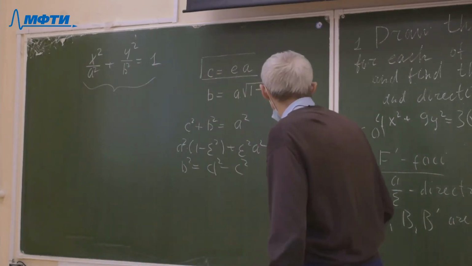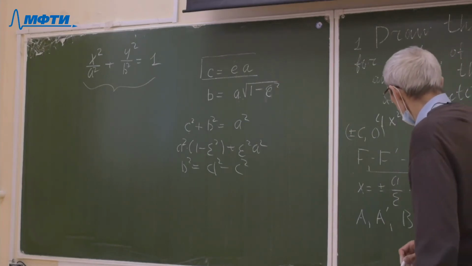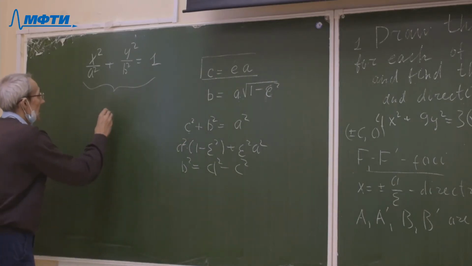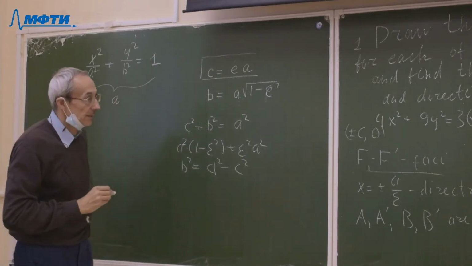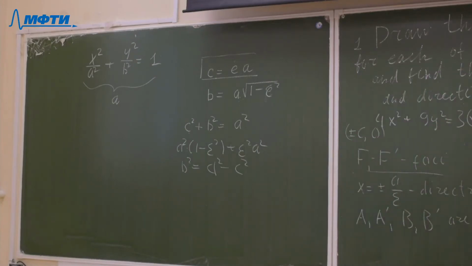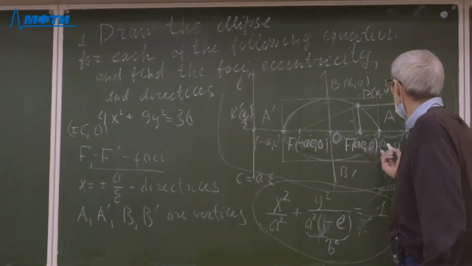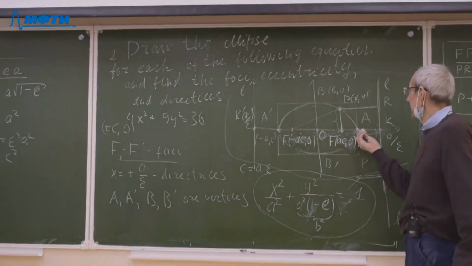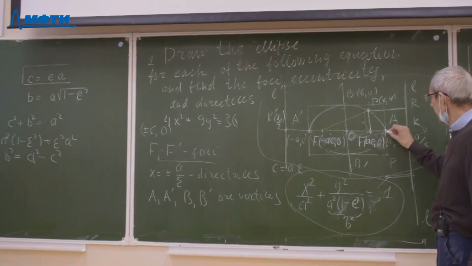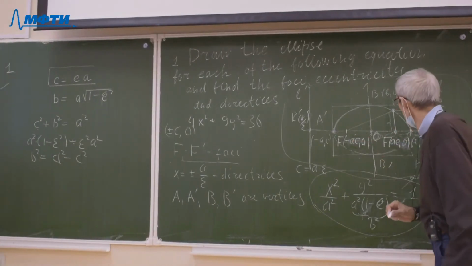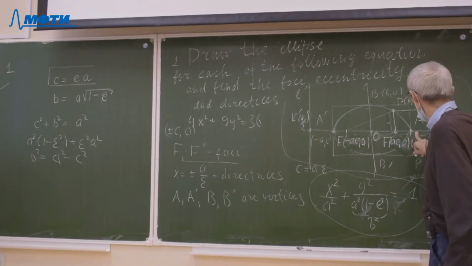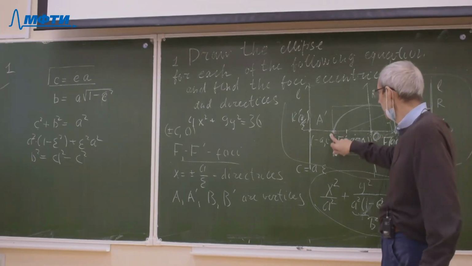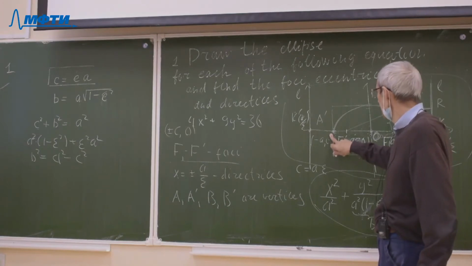This is the equation of our ellipse. In this equation we have the following parameters: a is the coordinate of the point A, and this point we call a vertex, and the symmetric point A prime is also called a vertex.